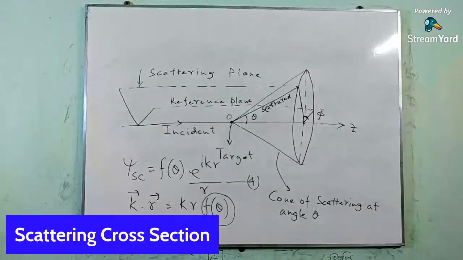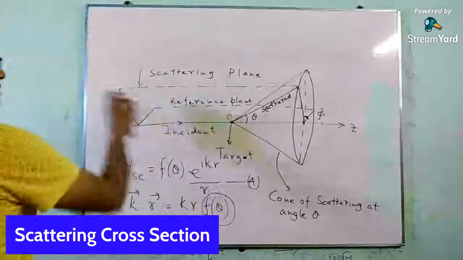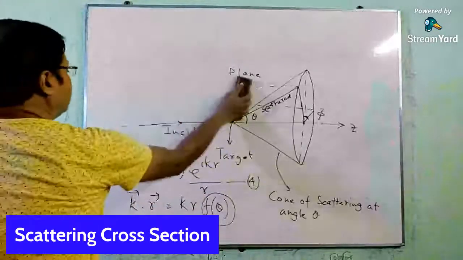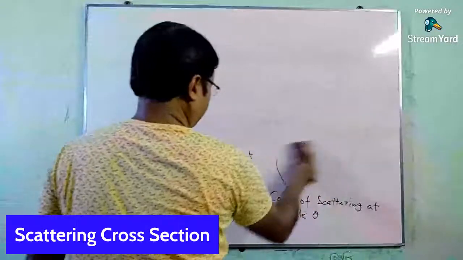The function f theta describes the angular distribution of the scattered wave and is known as the scattering amplitude. Now the number of particles. So, proceeding further, I have to remove this. I think all of you have drawn this.